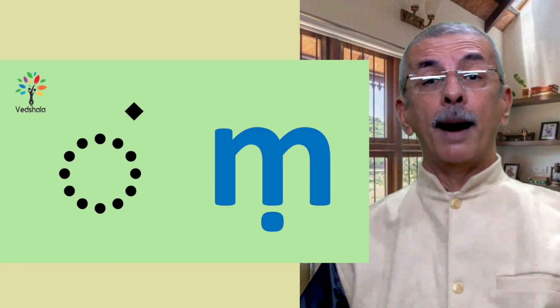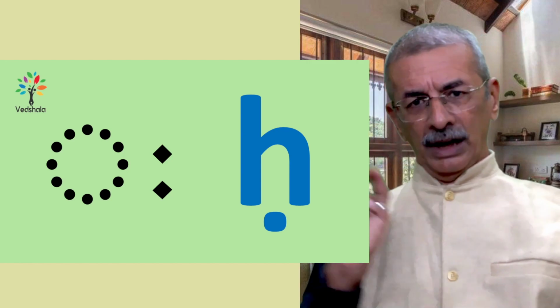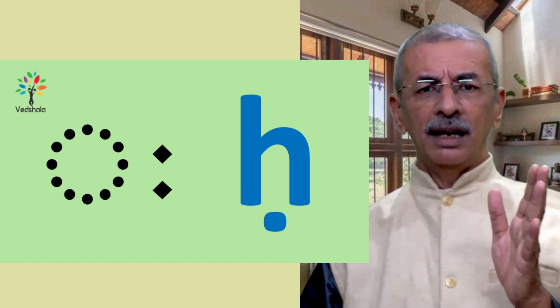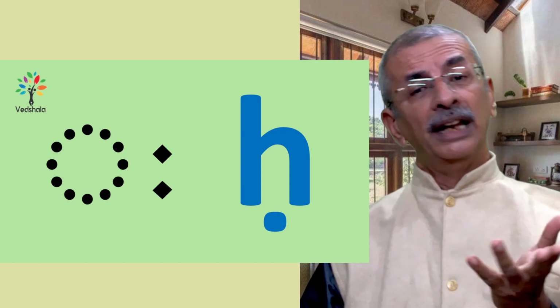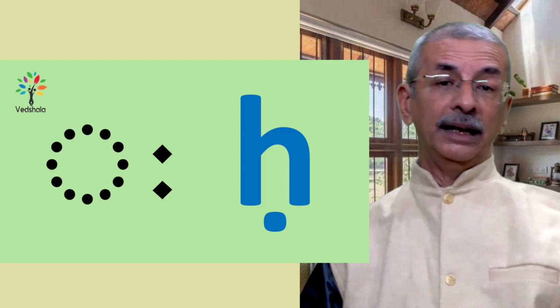Then this is Visarga, means double dot. After any Devanagari alphabet, a few alphabets have that double dot. That double dot is called aha. If it is attached with A, it will become aha. It is denoted by H with an under dot.